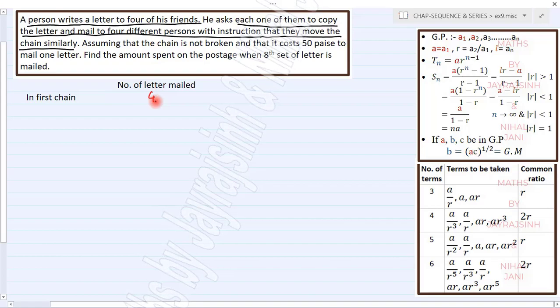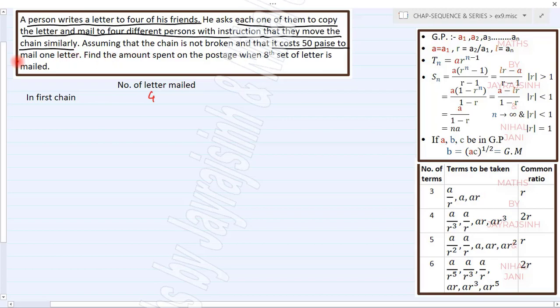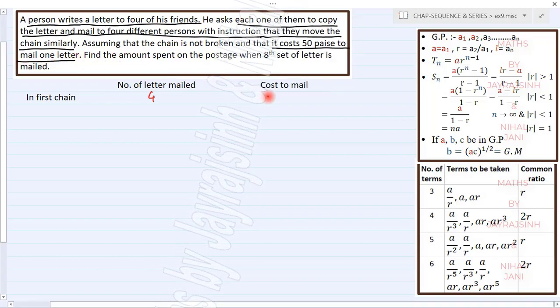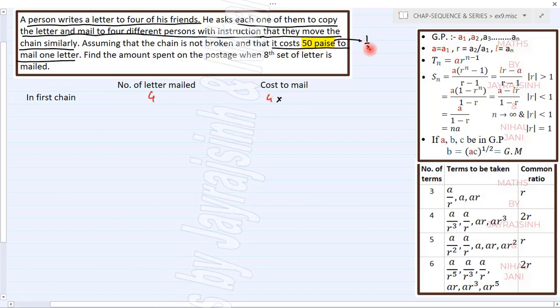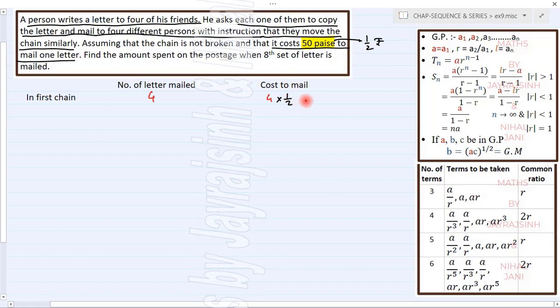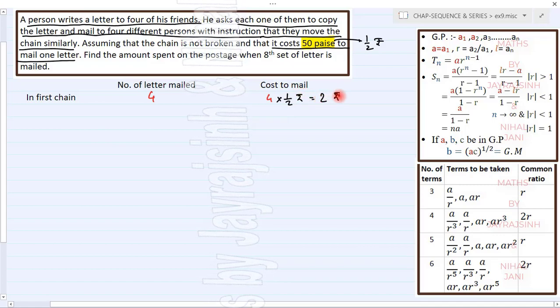Assume that the chain is not broken and it costs 50 paisa to mail 1 letter. So the cost to mail will be 4 into 50 paisa, or we can say the cost to mail 4 letters is 2 rupees.